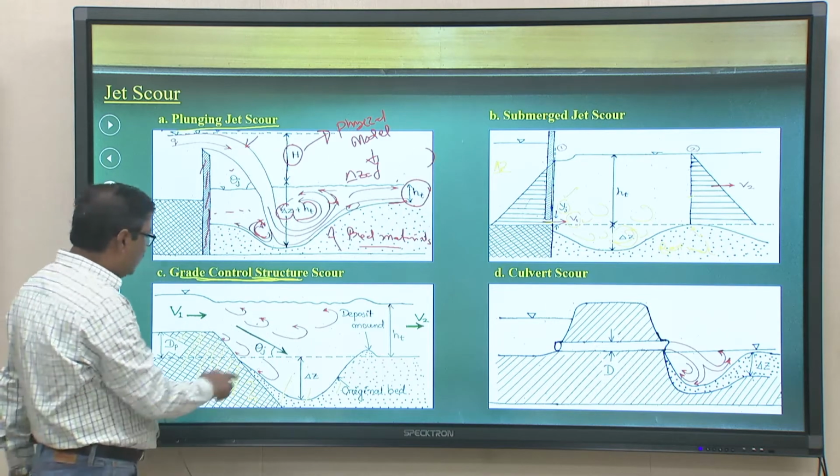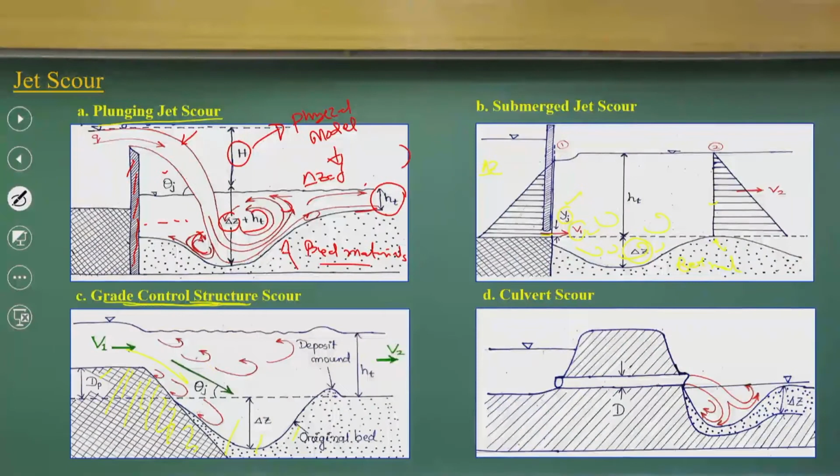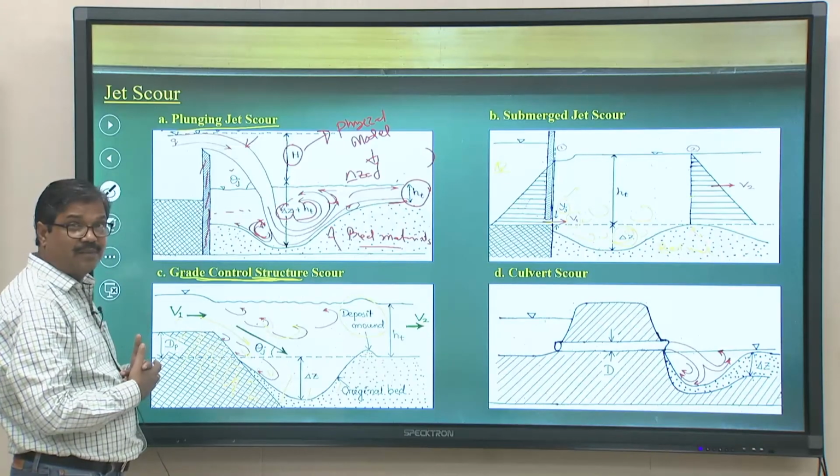You will have the scour because as the flow goes, a vortex is generated, and this is what scours, and here you will have a deposit mound. That means whatever scour materials are scoured also deposit here, and then you have the tail end depth, V2 velocity and V1. Just try to understand conceptually how the process happens and how the scour depths develop.